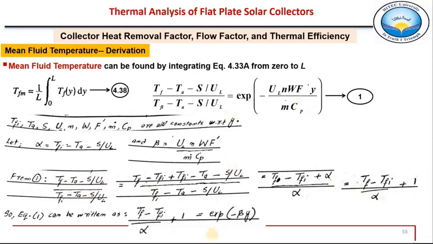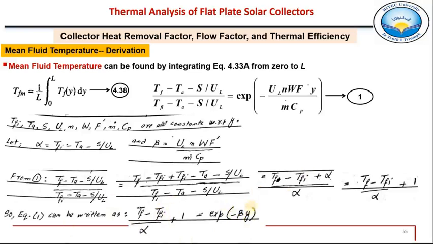So now this equation 1 becomes, this side is actually equal to TF minus TFI divided by alpha plus 1, and on this side this whole term is defined as B or beta. So this is the new form of equation 1.